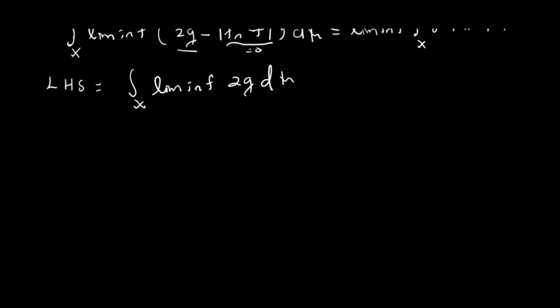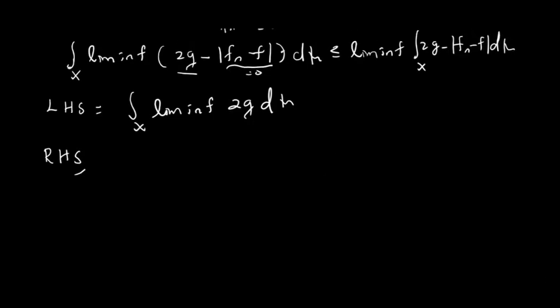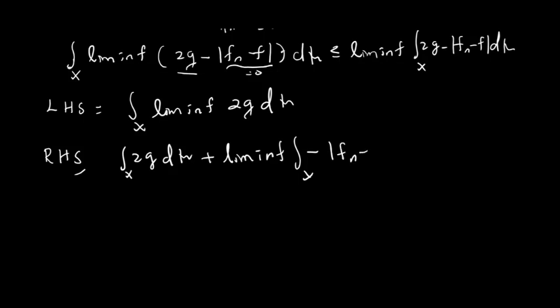Now on the RHS we have the limit infimum of the integral over X of 2g minus |f_n minus f| dμ. So we can split this RHS as the integral over X of 2g dμ plus lim inf of the integral over X of minus |f_n minus f| dμ.